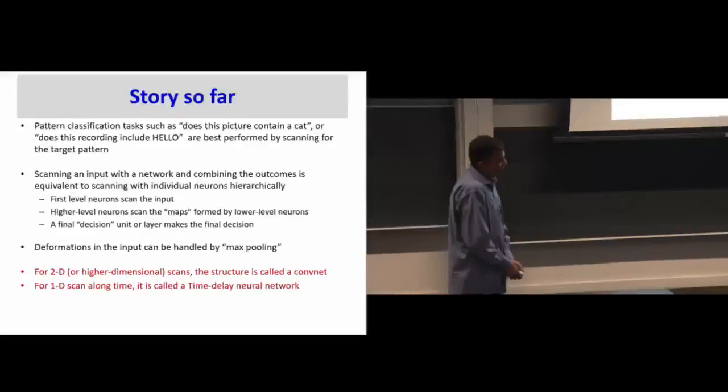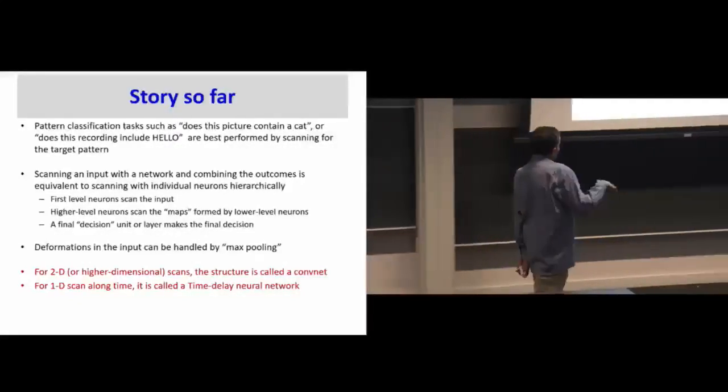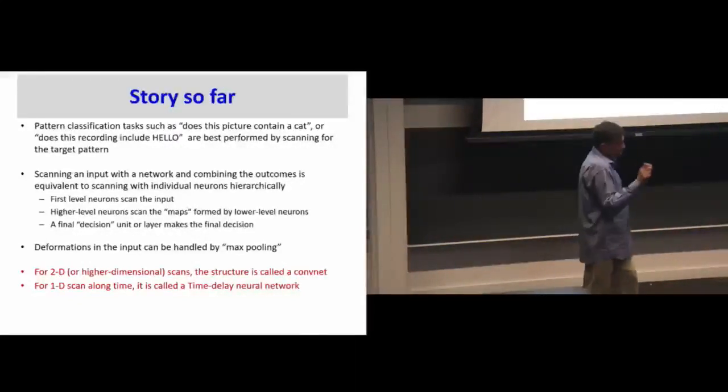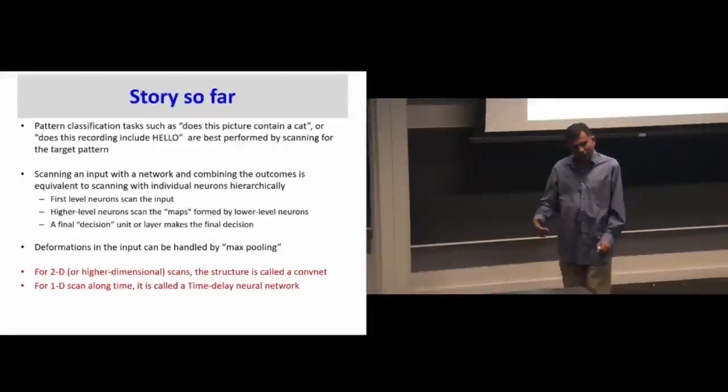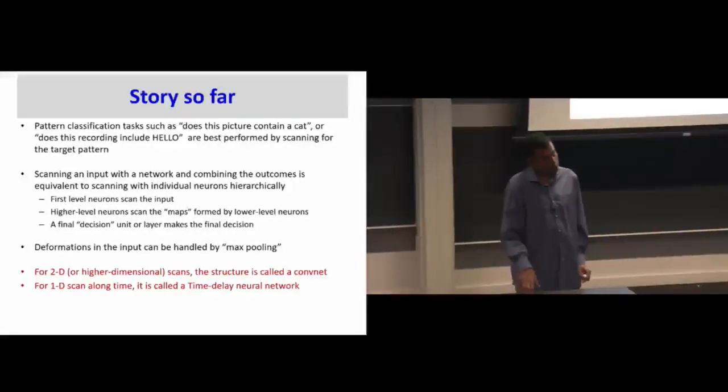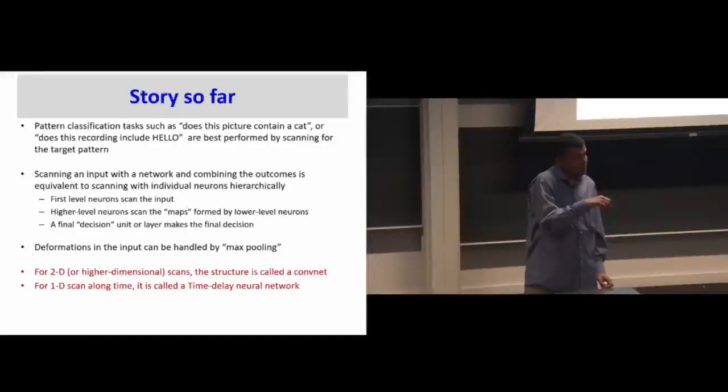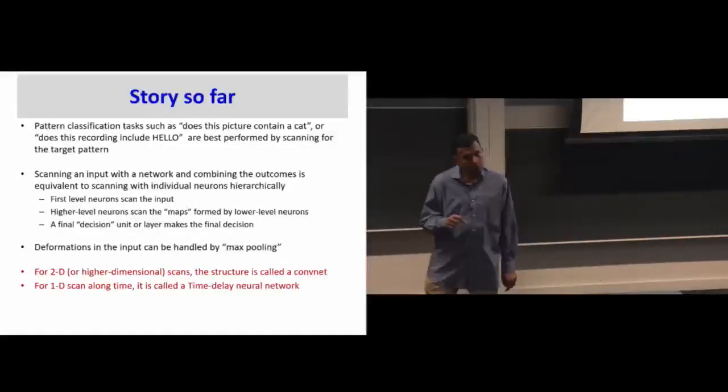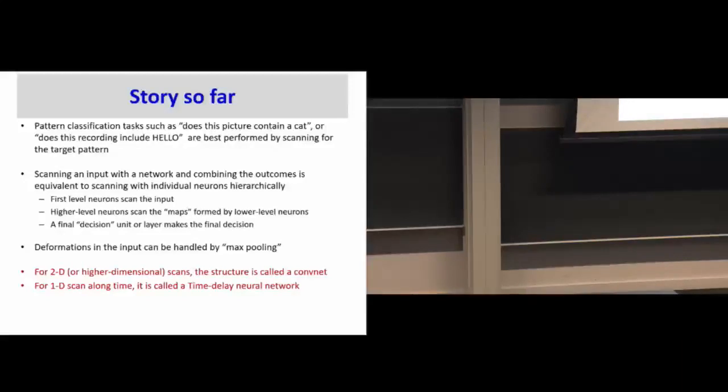If properly distributed, the lowest level neurons would capture basic patterns, and the higher level neurons would capture patterns of patterns. Each of these creates a map of the input that subsequent neurons work on.